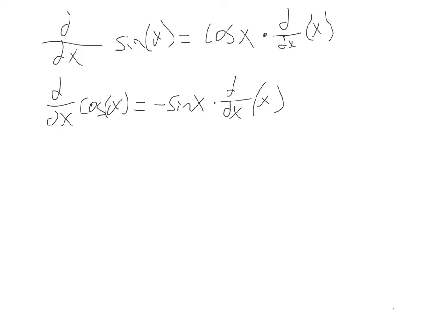Simplifying, what do we got? We got cosine squared of x minus 2 cosine of x plus sine squared of x all over my denominator squared.